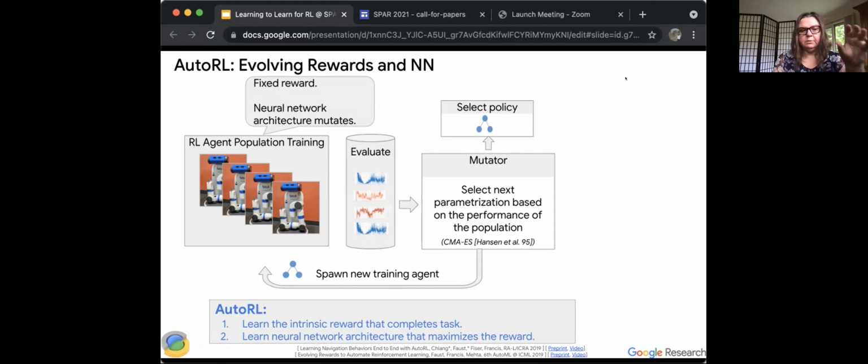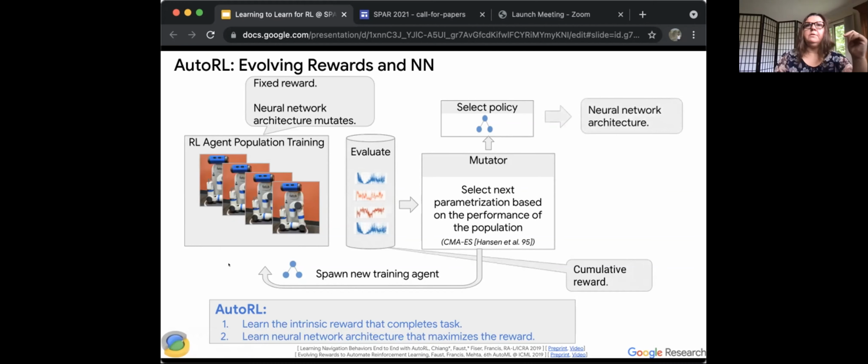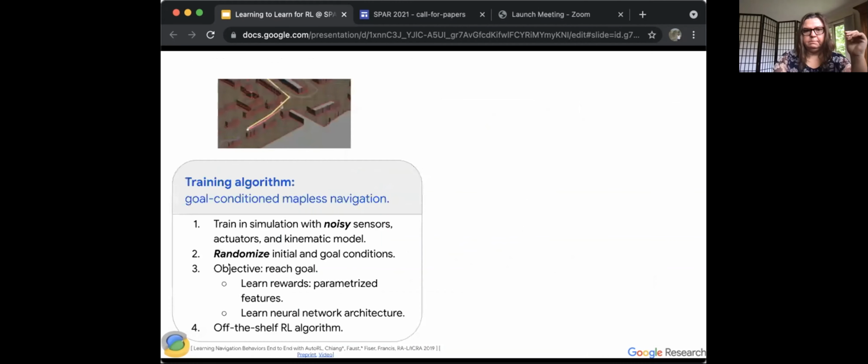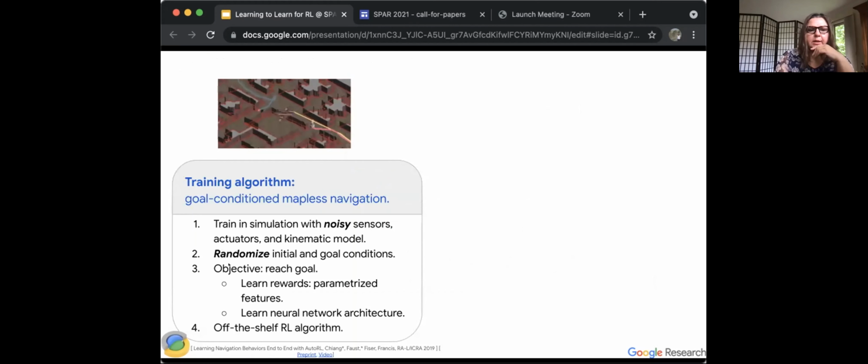So let's try to fit the neural network architecture to the reward, again randomly initiating them, evaluating them against the reward, and then selecting the best architecture, proposing the next architecture, evaluating it, and so on. In this case, we are running about 1,000 agents at a time in parallel. And between these two things, we start seeing good improvements in the policy. The training algorithm in this case is in simulation.